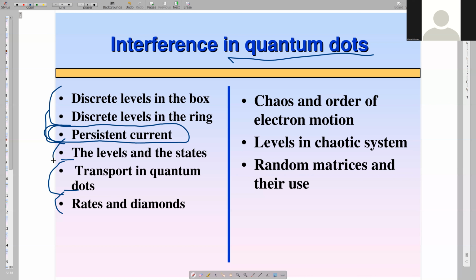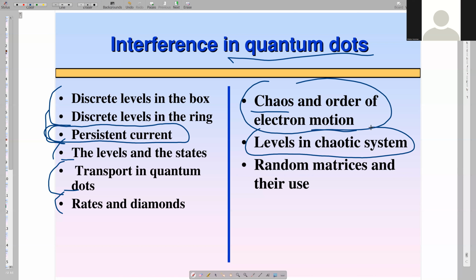Random matrix theory allows us to understand what is chaotic motion at quantum level and give some predictions about levels in chaotic system. And we will talk again about level repulsion, and different ensembles a little bit at different angles. Fine, so this is a program for today.